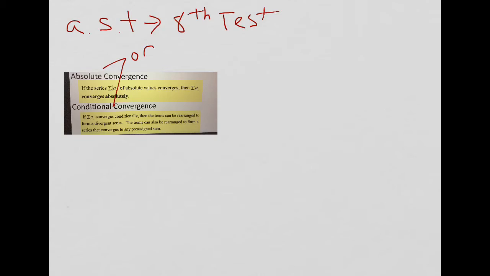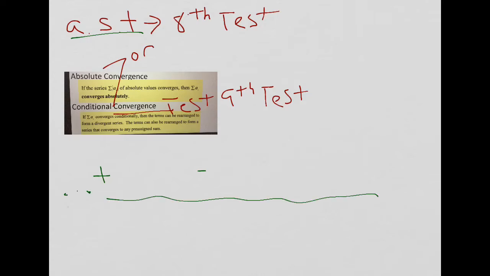Absolute or conditional convergence test is our 9th test. They tie in together. So the alternating series test is an interesting test. The alternating series is interesting in that when it converges, is it because your positive and negative terms towards the end of your sequence just eliminate each other and that's why it converges to some sum?